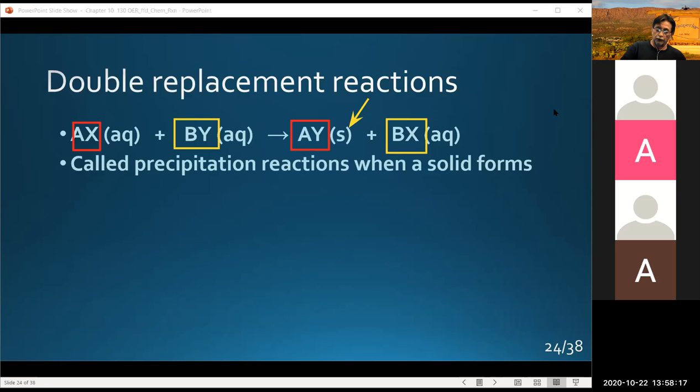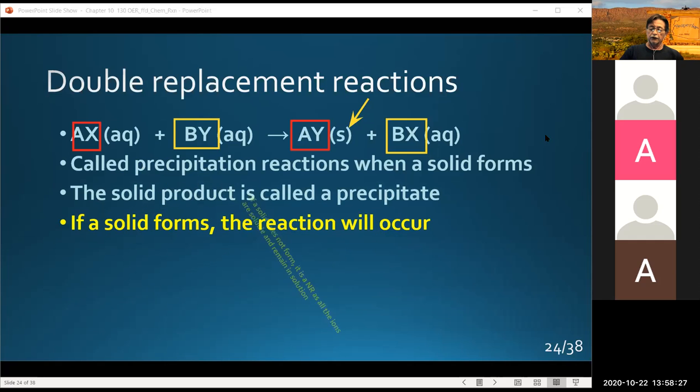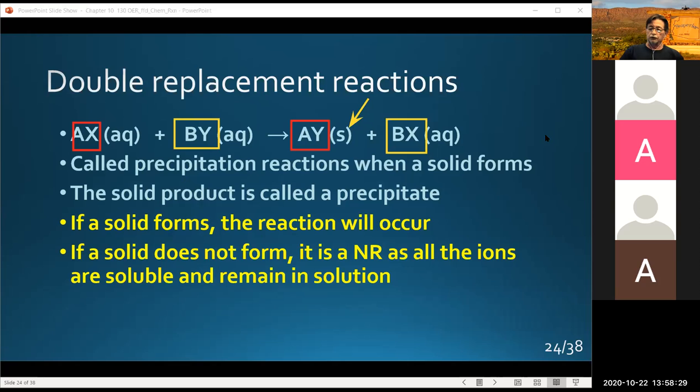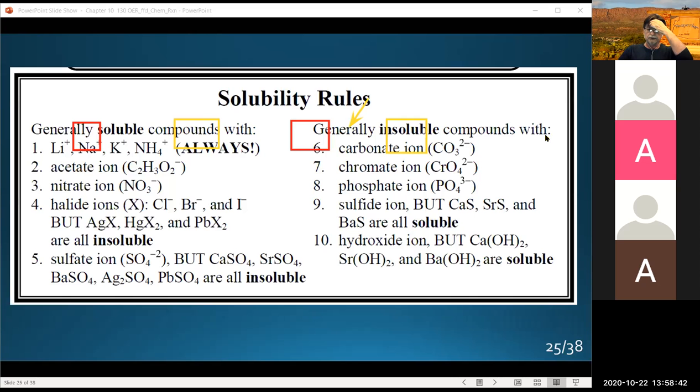We also call that a precipitation reaction because that solid material, the insoluble material, precipitates. Solid forms, the reaction occurs. No solid forms, which is again governed by the solubility rules, and all the products are soluble, there's no reaction.